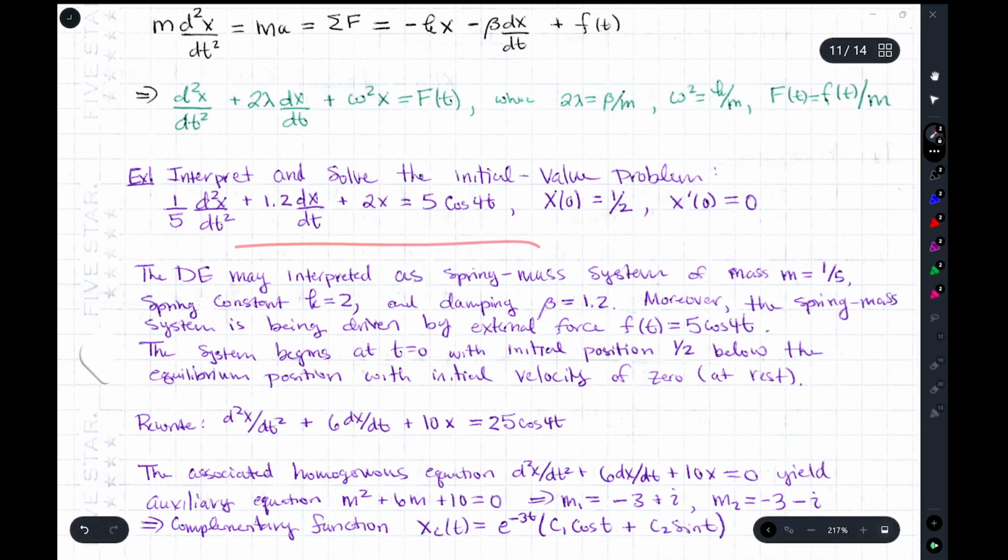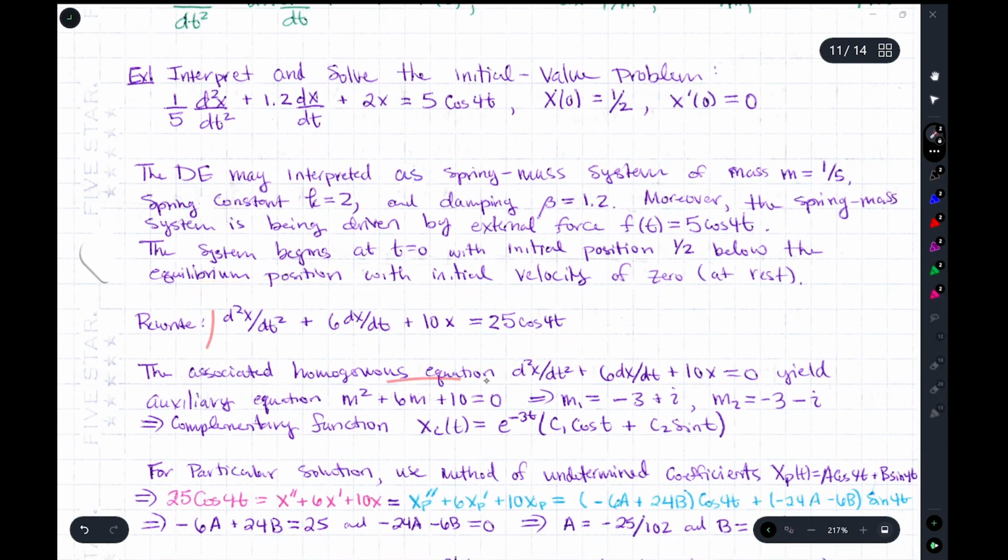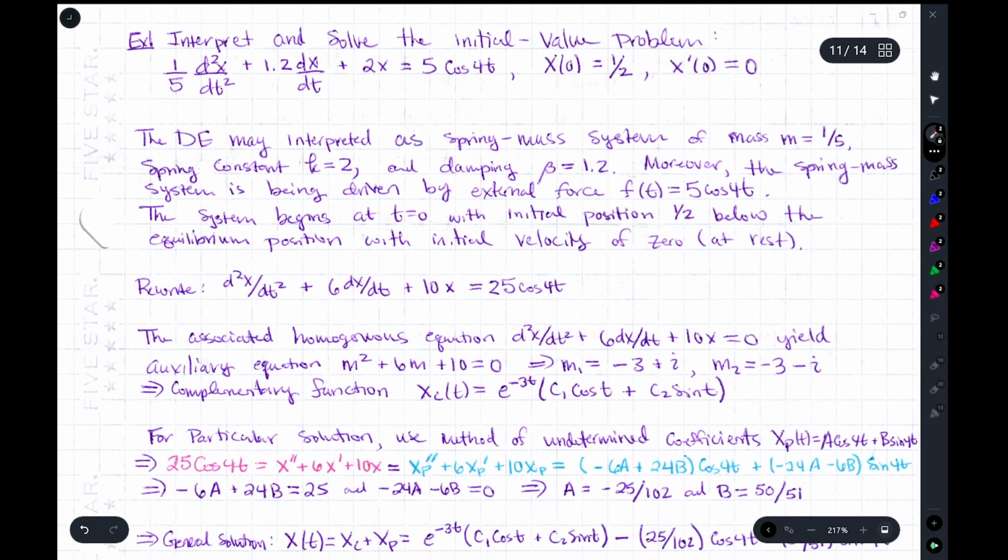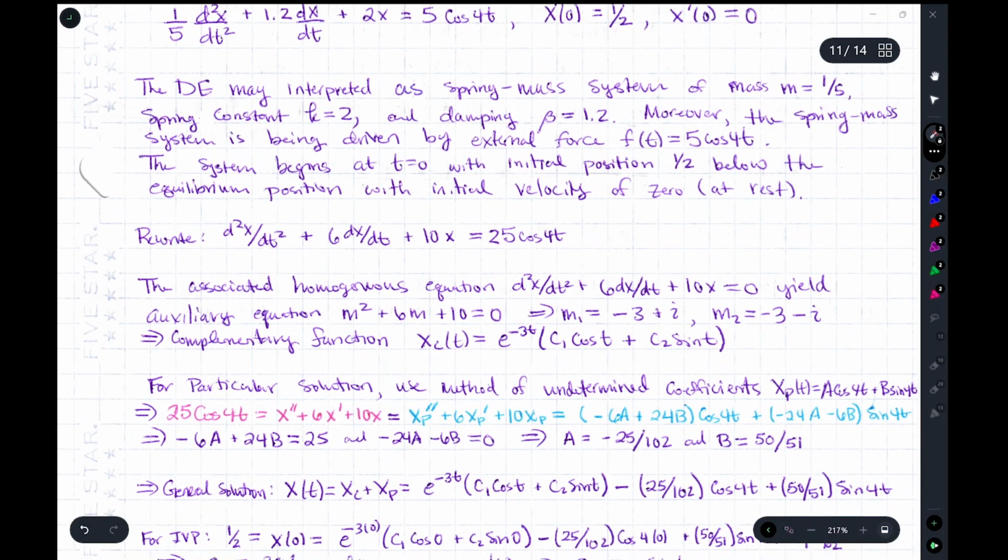So we could rewrite this by multiplying by 5, and we get that differential equation. The associated homogeneous equation is what we see here, giving these two roots to the auxiliary equation, and so we get a complementary function that we see here. For a particular solution, let's use the method of undetermined coefficients, and we're going to assume this form here.